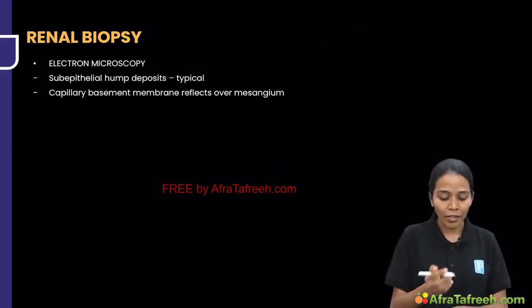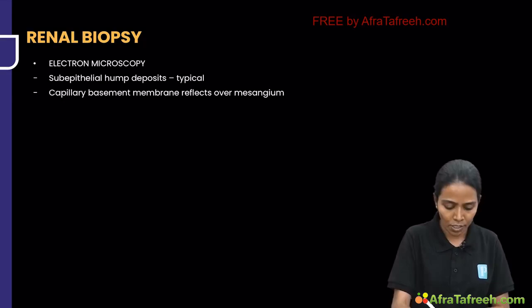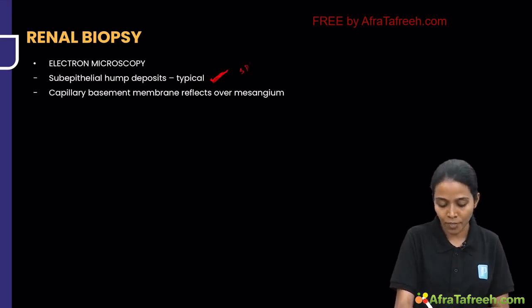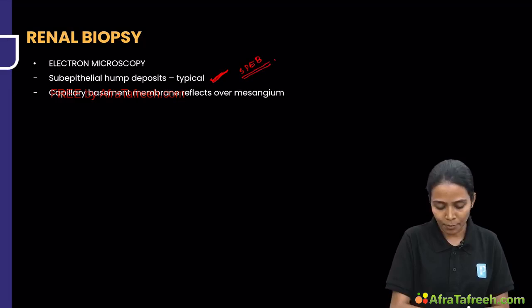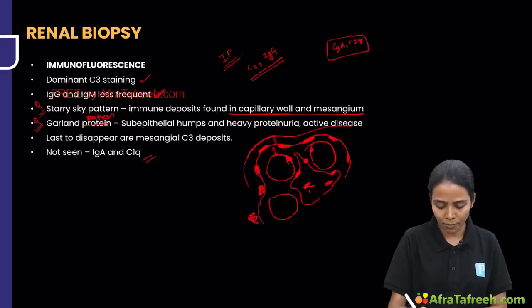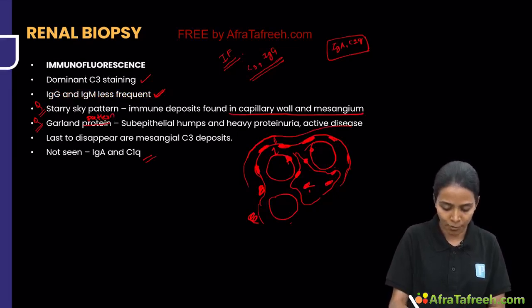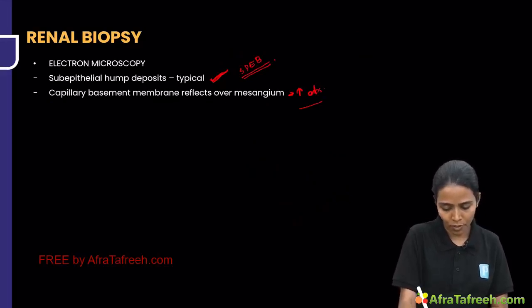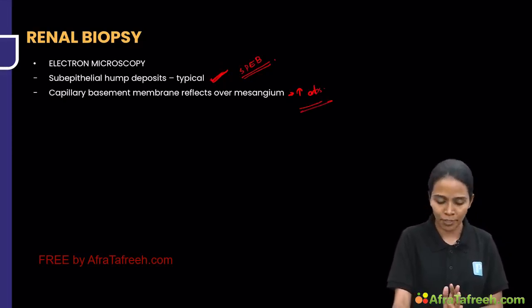Now electron microscopy, again you're going to see subepithelial hump deposits which are typical of PSGN, and it is seen because of streptococcal pyrogenic exotoxin B. And capillary basement membrane reflects over the mesangium. So wherever the capillary basement membrane reflects over the mesangium, in this area you are going to see more antibodies. So this is what you're going to see in electron microscopy.